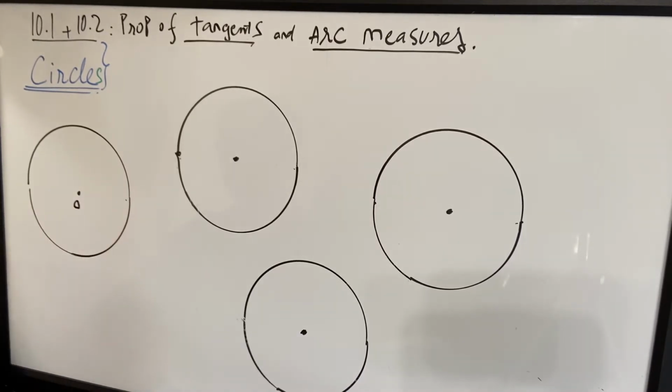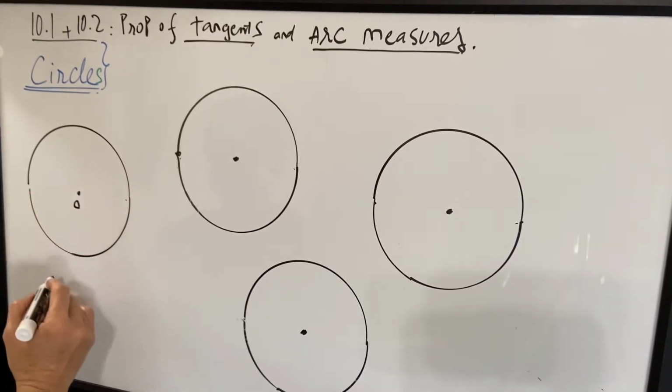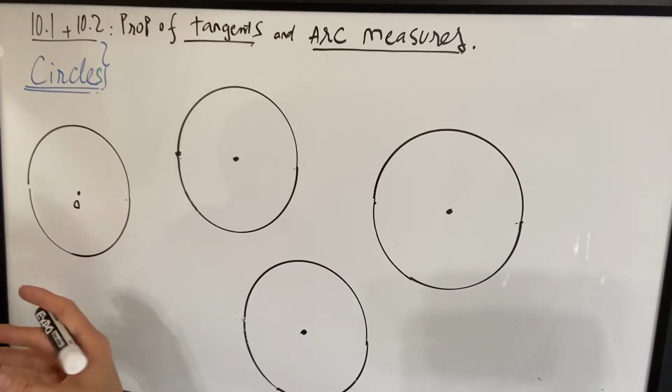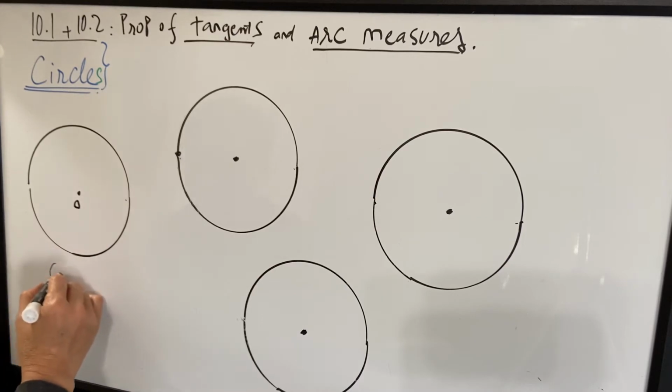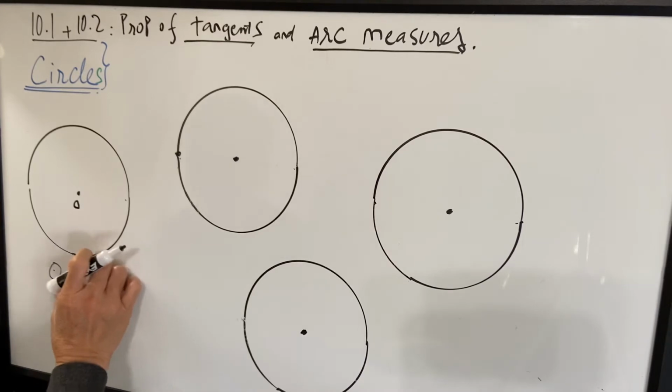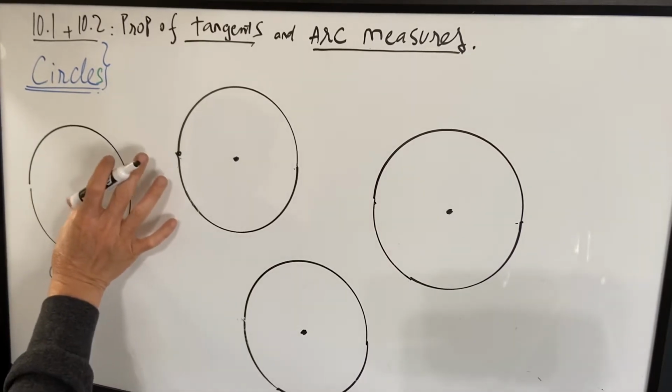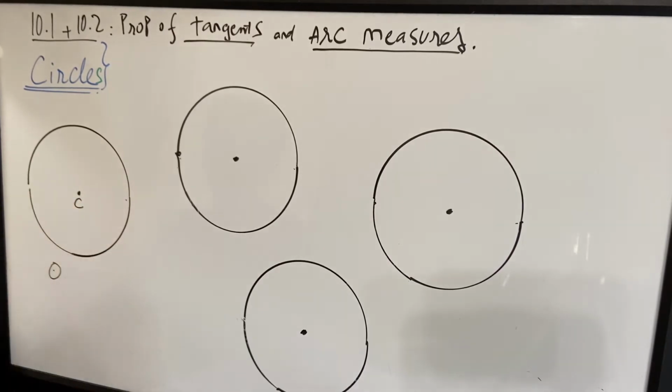I call it center O. This is how you write circle with center O. That letter O looks kind of confusing with the zero, so how about we call it circle C? Circle with center C. That's the geometric notation for that.